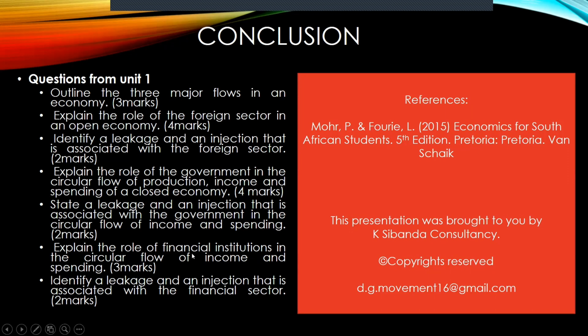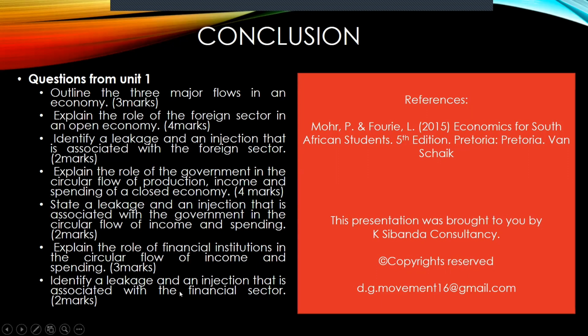Then explain the role of the financial institutions in the circular flow of income and spending. The same thing that we did with the other sectors. Remember, we are saying the financial institutions. There are two things that we actually spoke about here. Anyone who remembers? They are investing and saving. Yes, investing and saving.